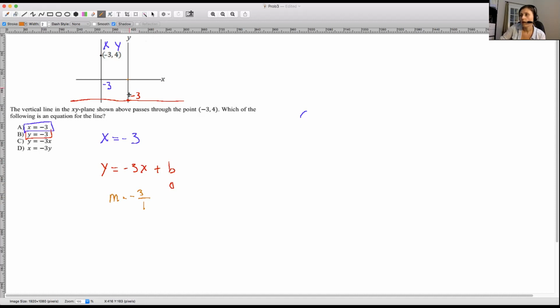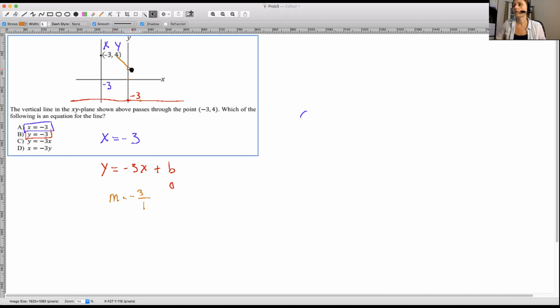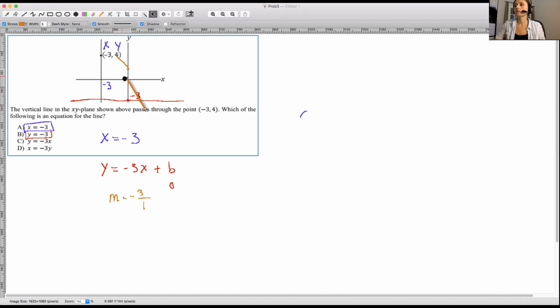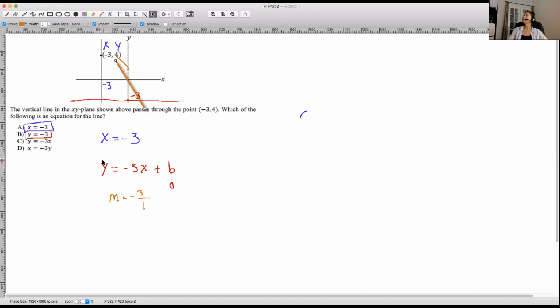So you go 3 down and 1 over. It would be somewhere like that. I guess our line would be, oops, I cannot draw a straight line on this thing. Let me see if I can draw a straight line better this way. It would be going kind of like this. Okay, so I guess this is about time.